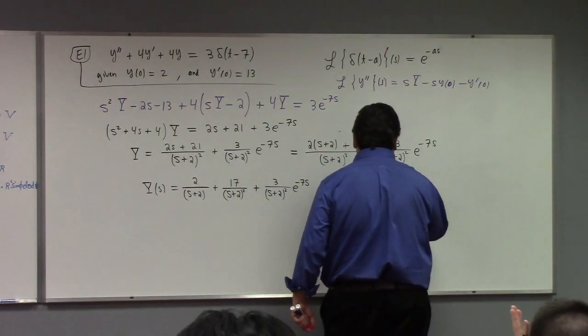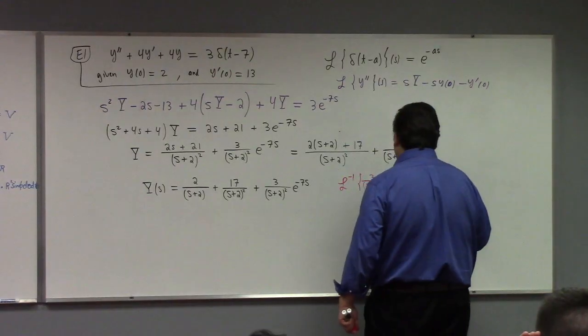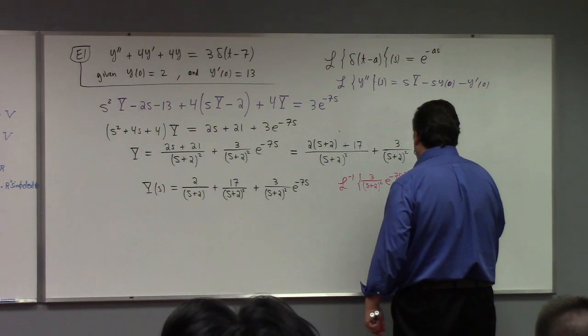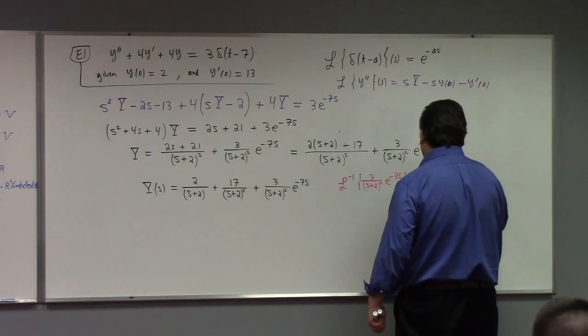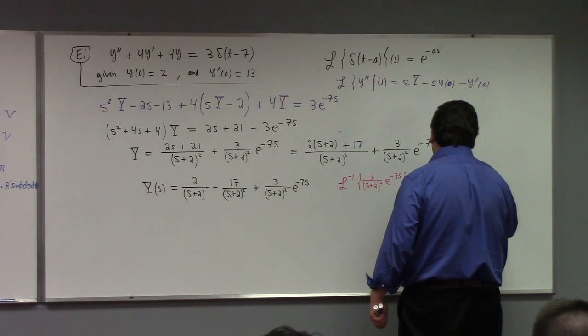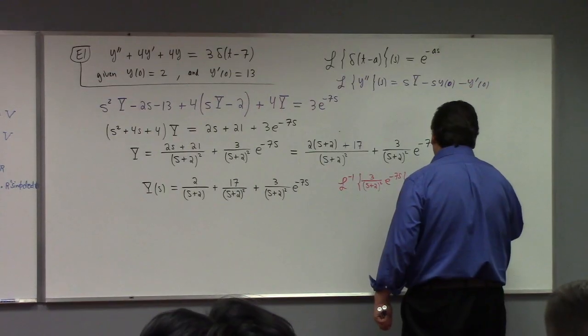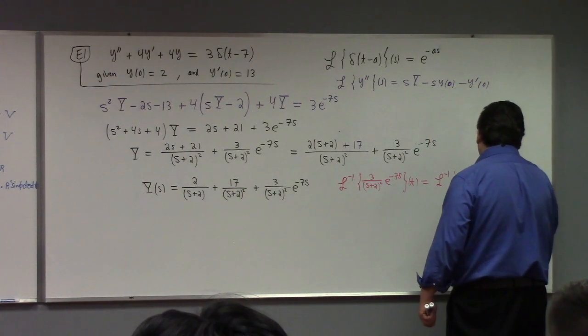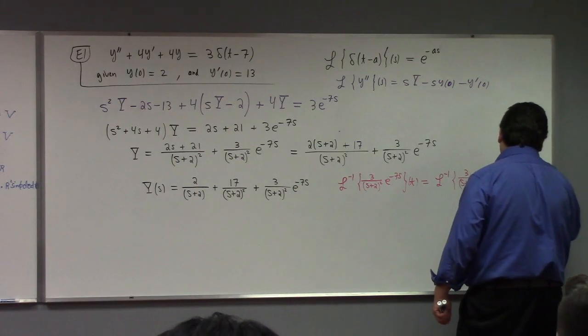What's that going to be equal to? That's supposed to be equal to the inverse transform of 3 over (s plus 2) squared, right? At time t minus 7 times the unit step function of t minus 7.